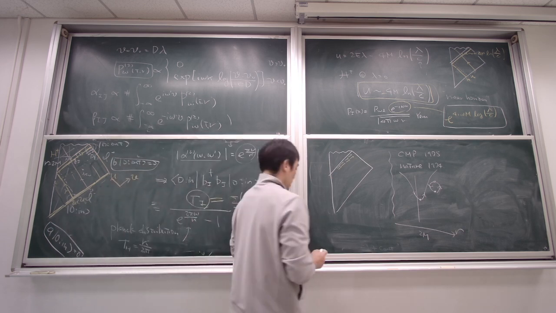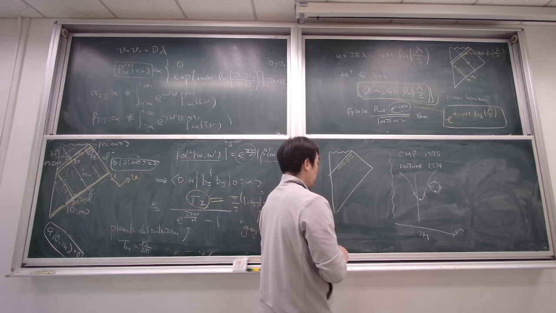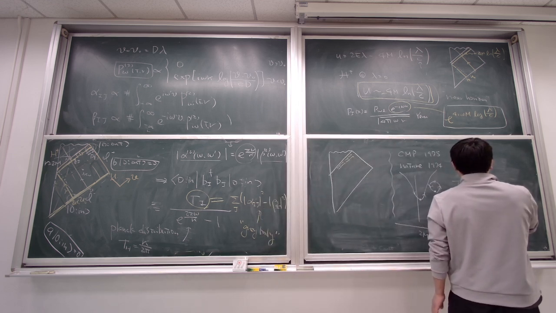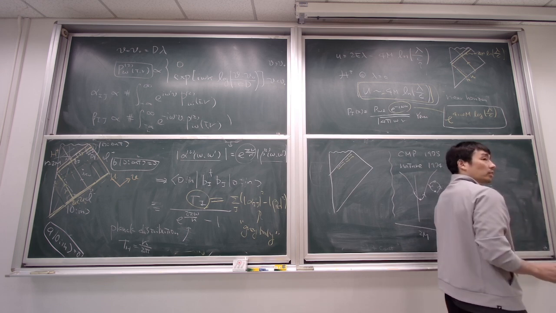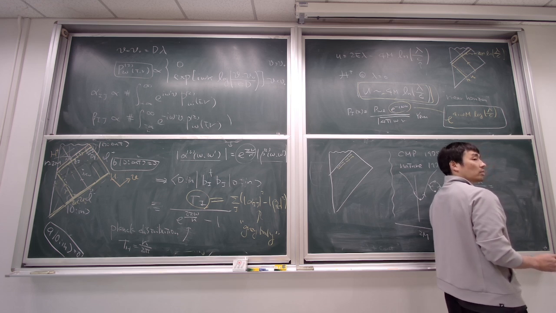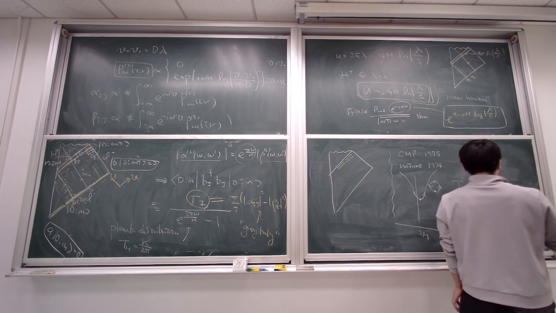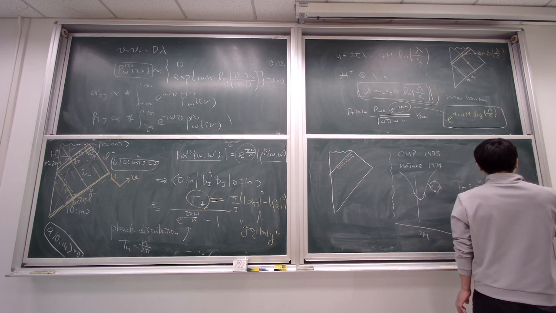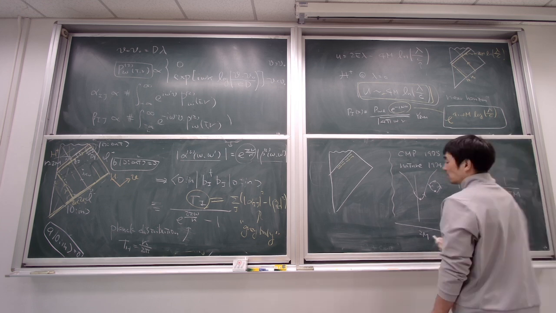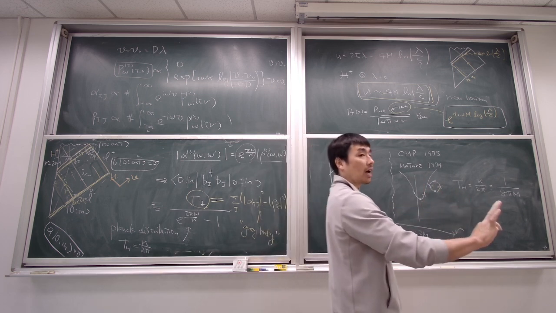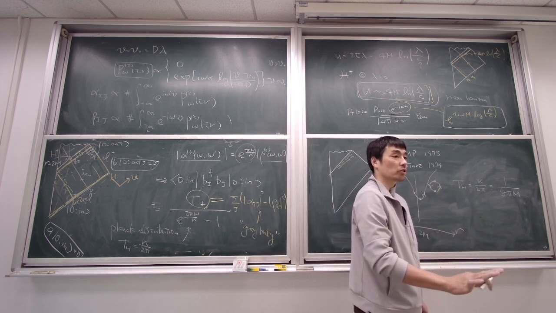And the temperature T_H is given by kappa over 2 pi. What is kappa for Schwarzschild? It gives something like 1 over 8 pi m. So the bigger the black hole, the lower the temperature.